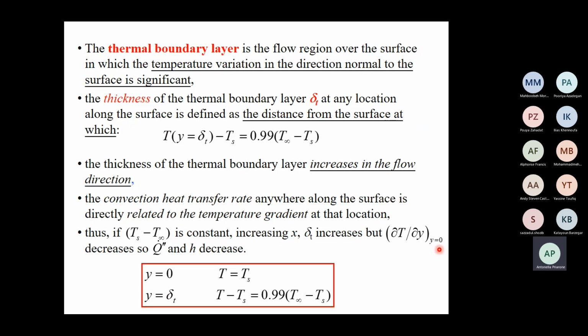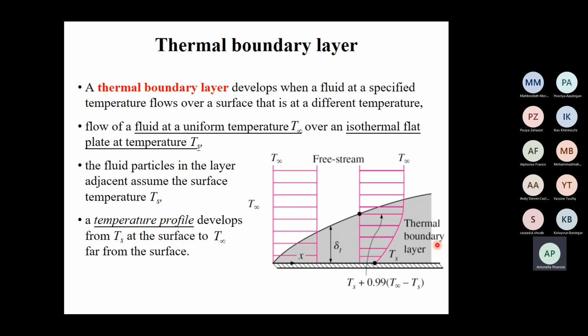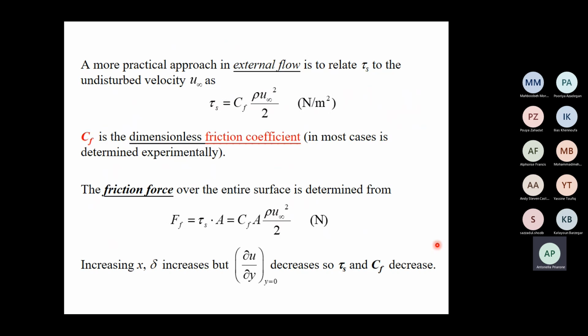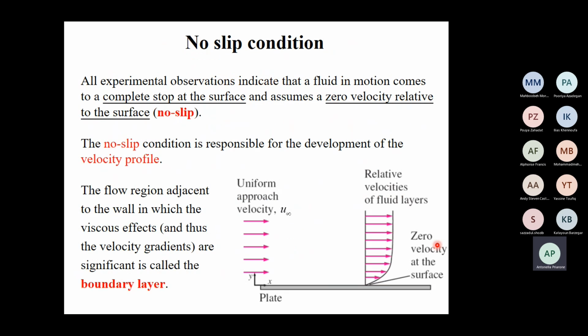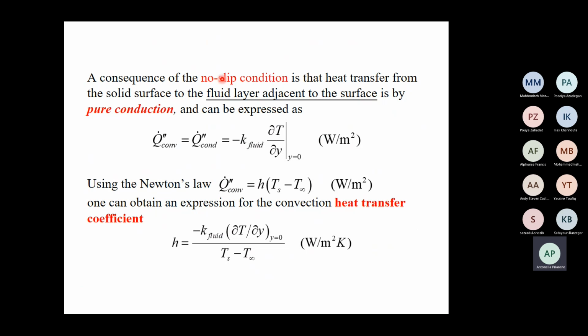Okay, so remembering that I can write the heat flux by conduction at the wall. I go back to one of the previous slides in which, due to the no slip condition at the wall, the heat flux can also be written by using the Fourier law, because I can consider the fluid as motionless with conduction.